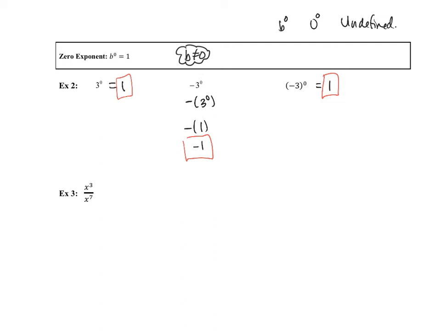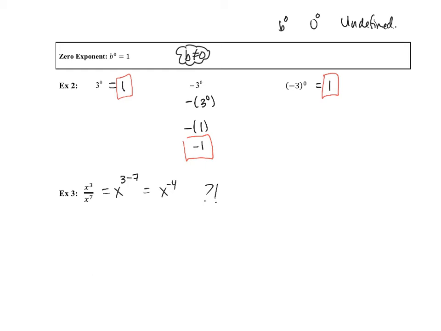Okay, good. And now let's look at this next example. x to the 3rd divided by x to the 7th. So we're going to use our quotient rule. We're going to subtract 3 minus 7, so we would get x to the -4.